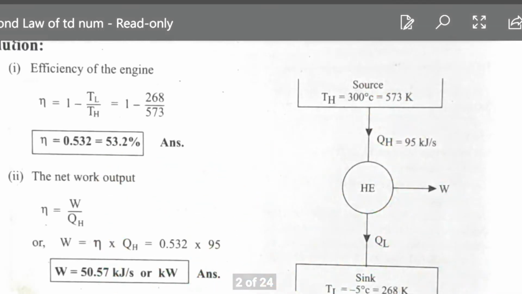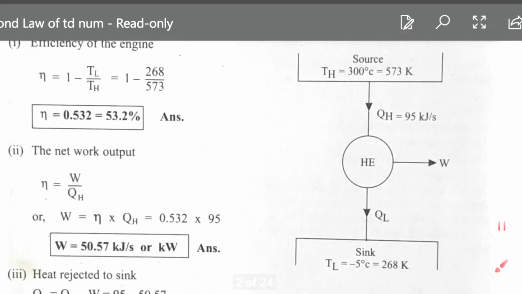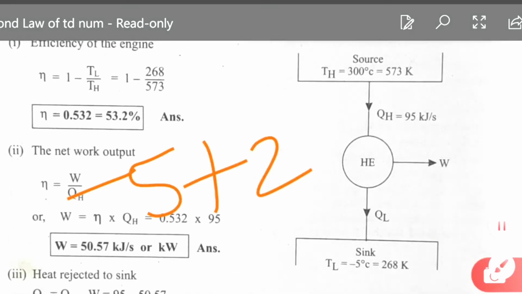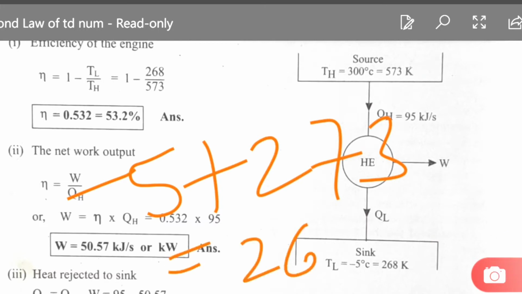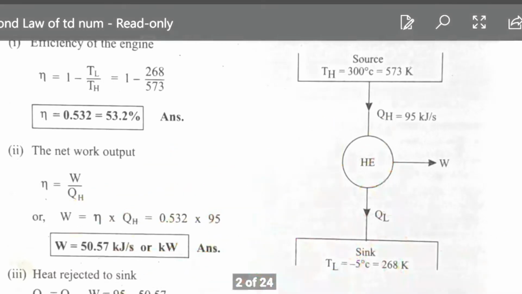Now minus 5 degrees centigrade is minus 5 plus 273, which is equal to 268 Kelvin.